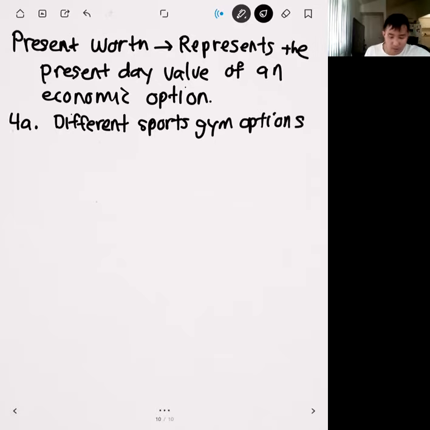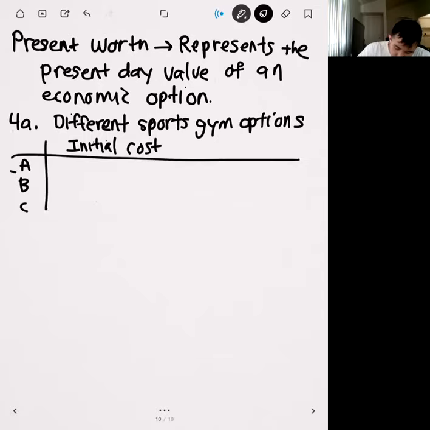Okay. And so let's list out the cases. Okay. So we have A, B, C. And so we have our initial cost, which is the construction costs. Right? And then we have the expected annual revenue.